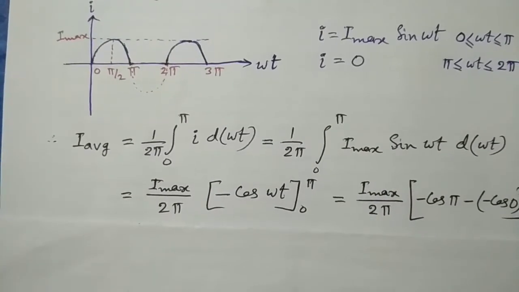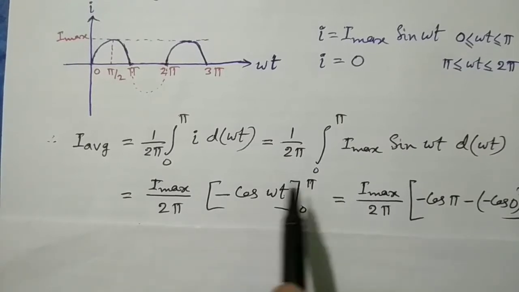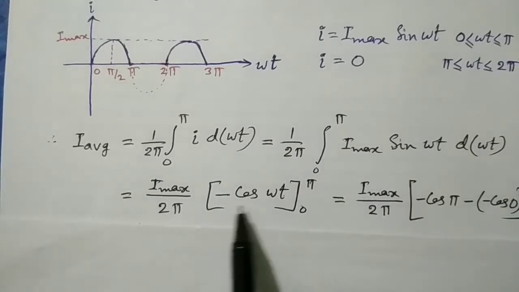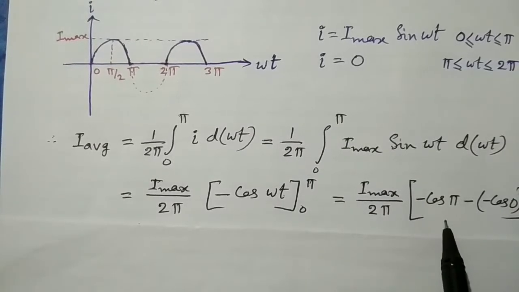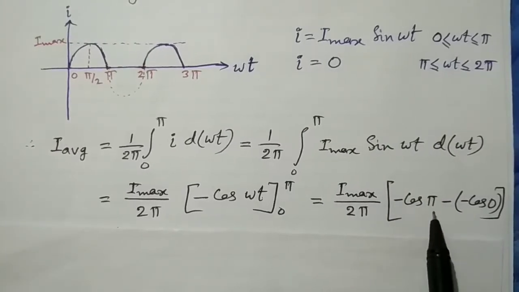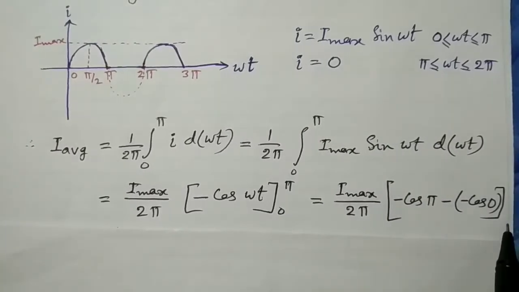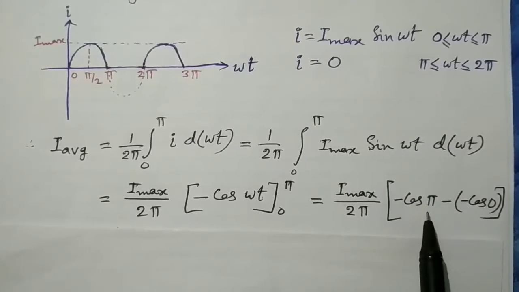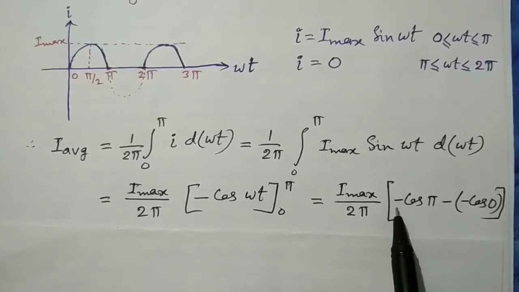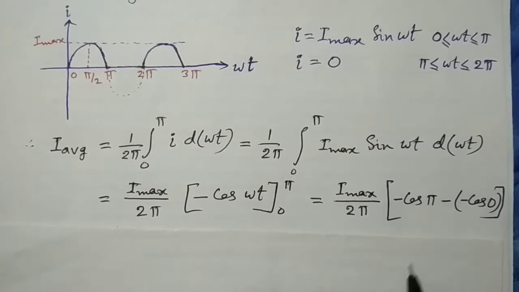So it is I max by 2 pi, integration of sin omega t is minus cos omega t, the range is 0 to pi. Put the values, so it will be minus cos pi minus cos 0. Cos pi is minus 1, so it will be minus minus 1, that means plus 1.